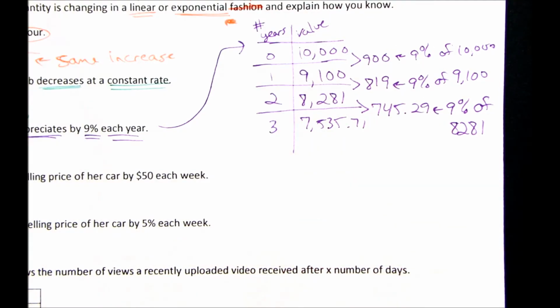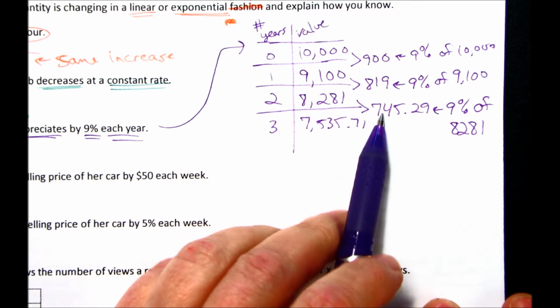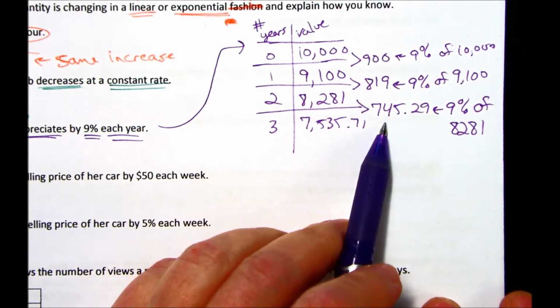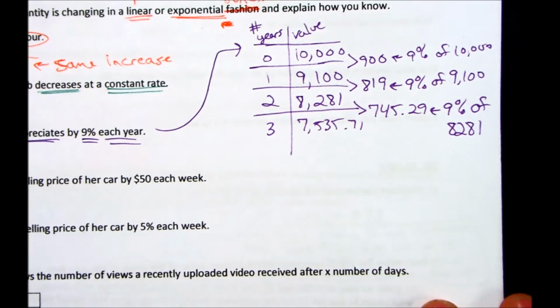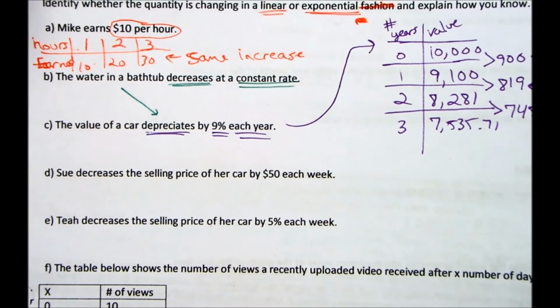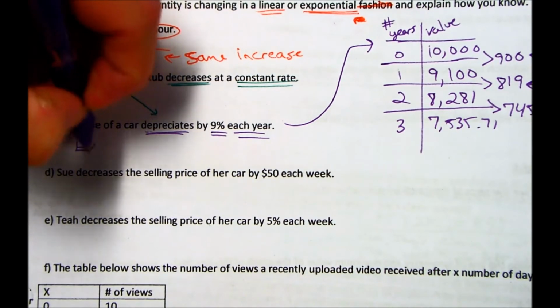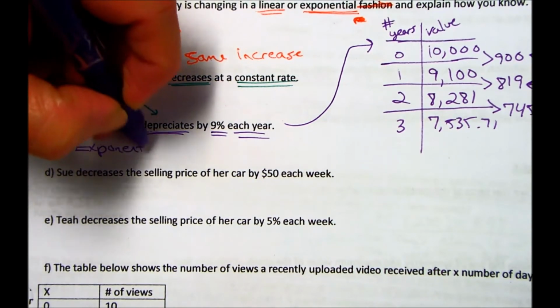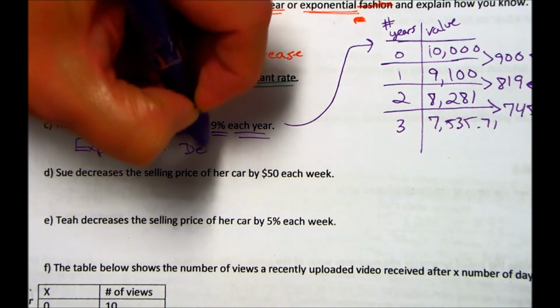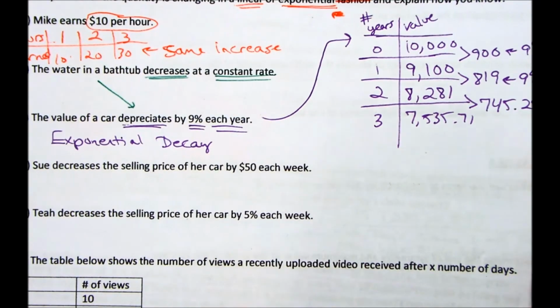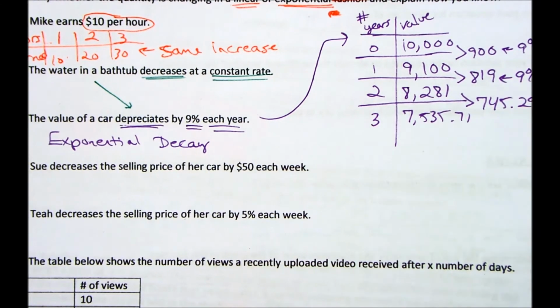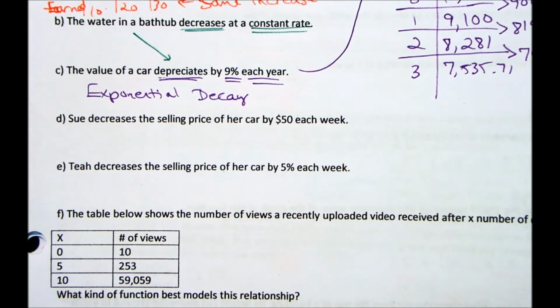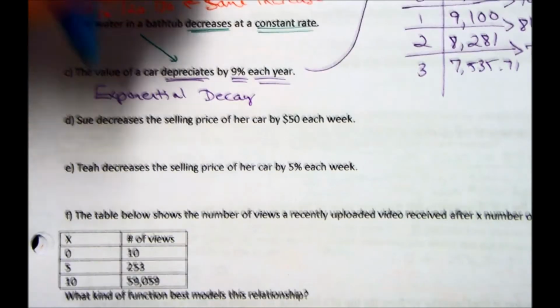So that's after year three. You can see that the amount of decrease is decreasing itself. So this is what we would call an exponential decay problem. It is exponential, and it would also be exponential decay since the rate of change is getting smaller each time.